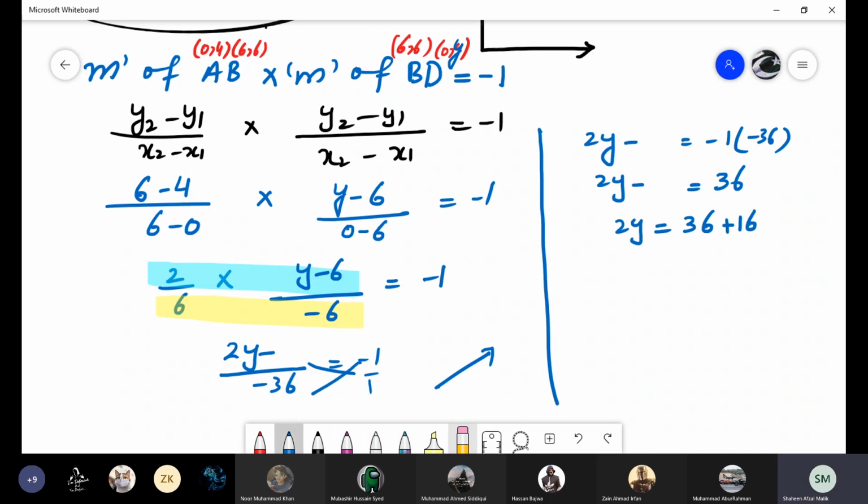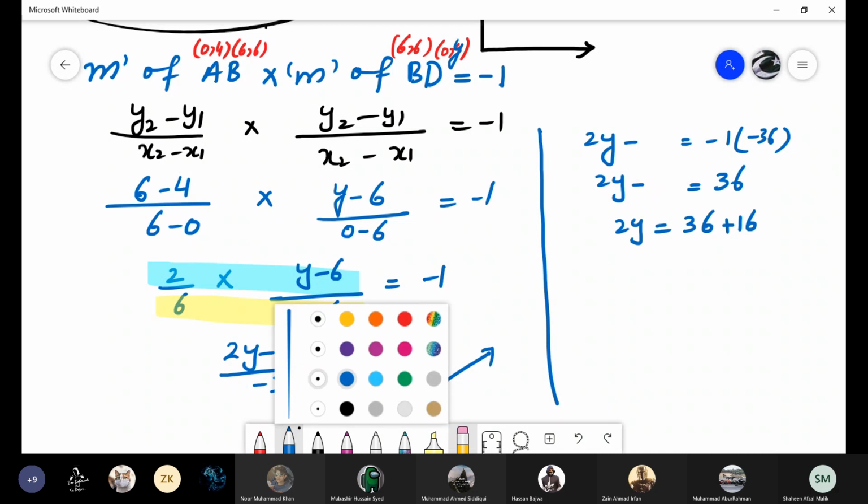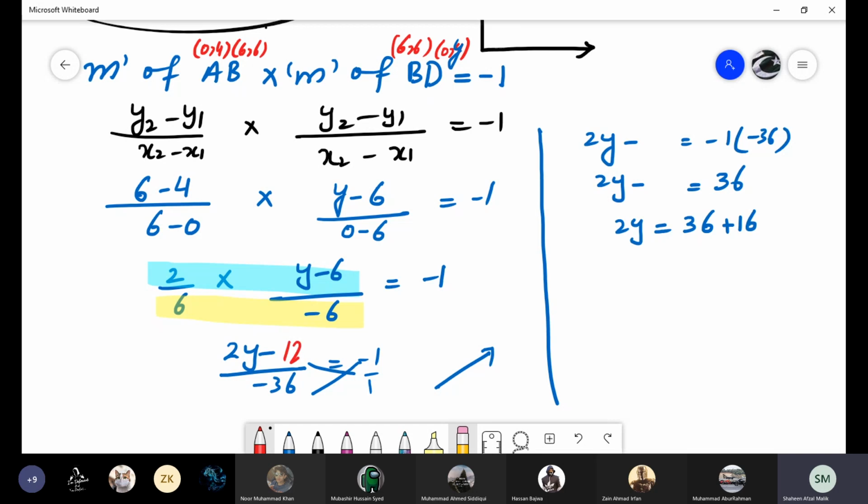2y minus 12 here, and add 12 on both sides. So what will it be? 2y is 36 plus 12, add the numbers: 48.